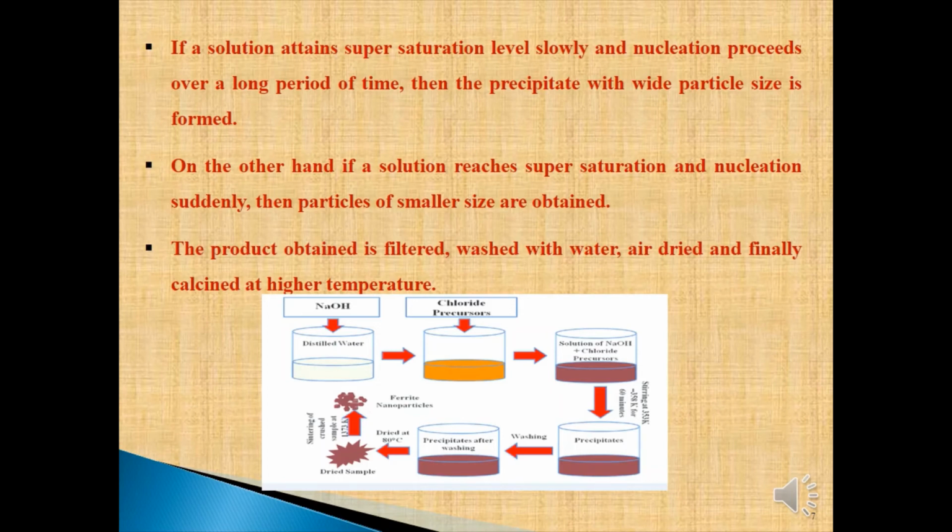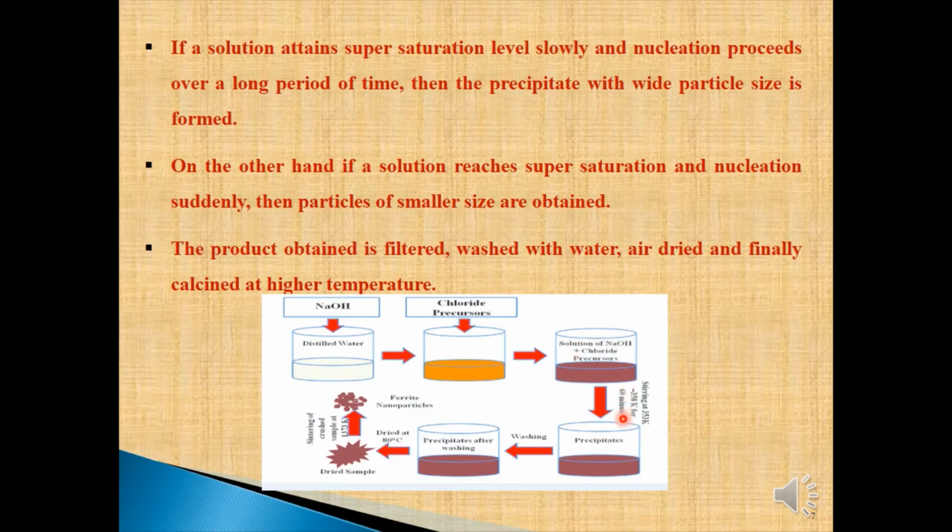So initially the sodium hydroxide of known weight is added to distilled water to produce the sodium hydroxide solution of required strength, which is next added to the chloride precursor. Next, what we are getting, a solution of sodium hydroxide plus chloride precursor. So that is stirred for a period of 60 minutes at a high temperature to get a precipitate.